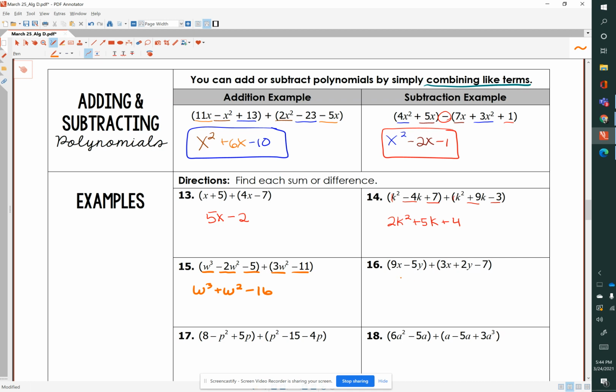So in the next one, number 16, we do not have a constant, so it'll be minus 7 at the end. We have 9 plus 3, that's 12x. Then we have negative 5 plus 2, so that will be negative 3 on the y, minus 7.